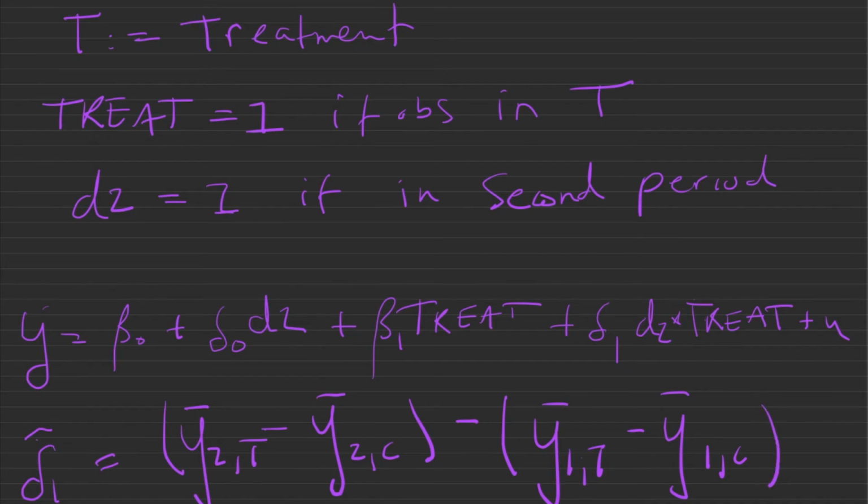So you can see we take the difference of the average of the treated and control group in the second period, and subtract the difference of the average in the treated and control group in the first period.